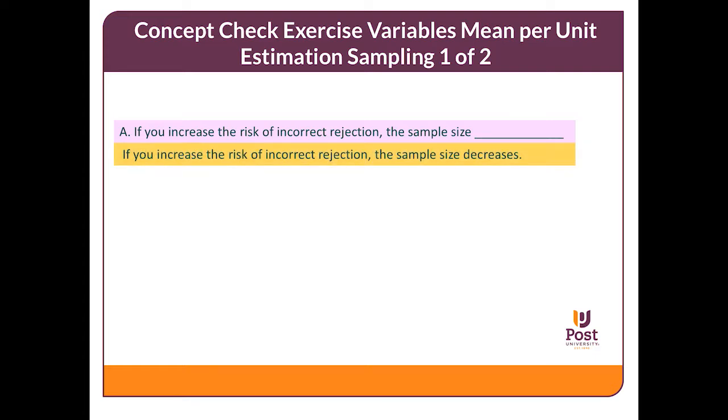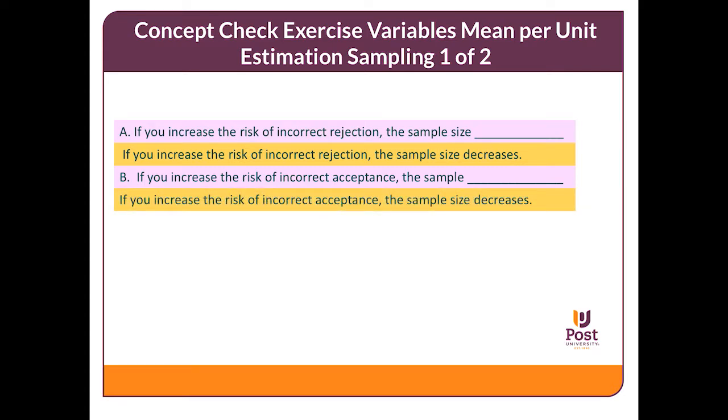If you increase the risk of incorrect rejection, the sample size decreases. B. If you increase the risk of incorrect acceptance, the sample size will. If you increase the risk of incorrect acceptance, the sample size decreases.